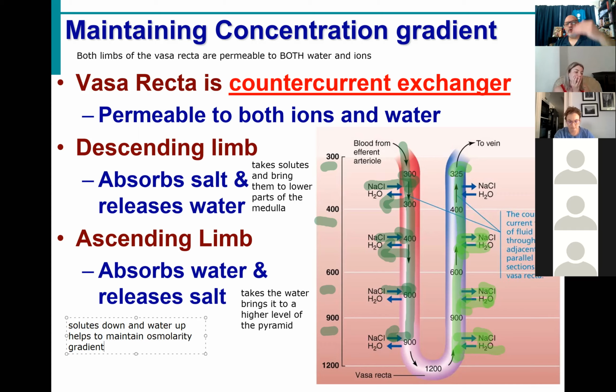So yes, normally we know things like to try to equalize, but thanks to the vasa recta, we are able to maintain these gradients and allow the loop of Henle to continue to do work.